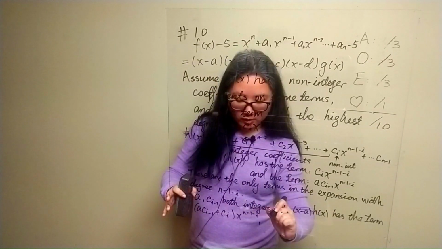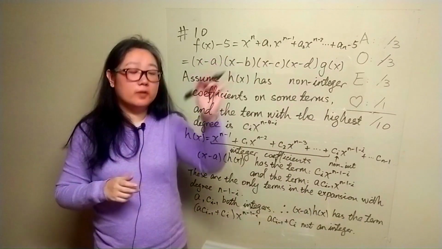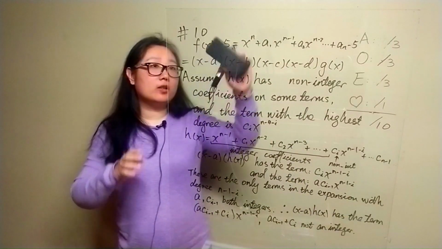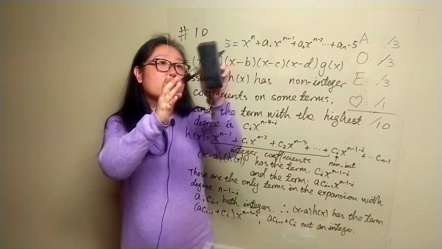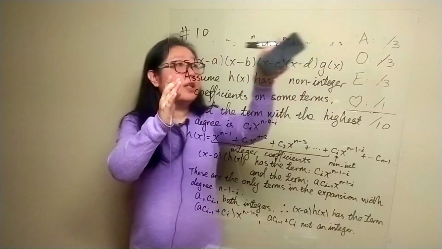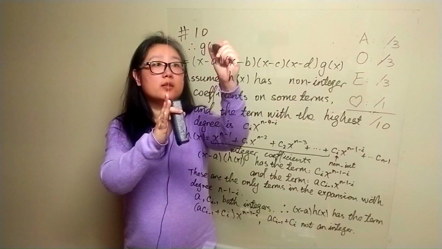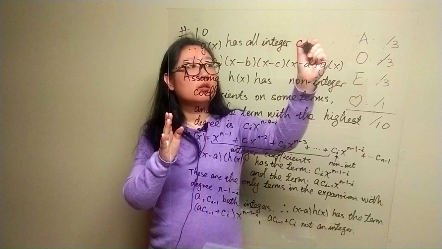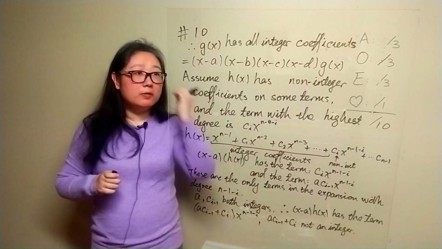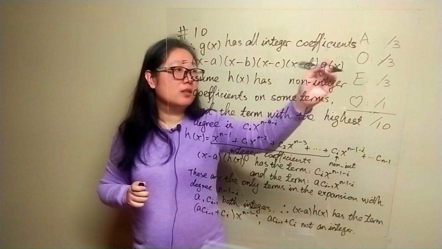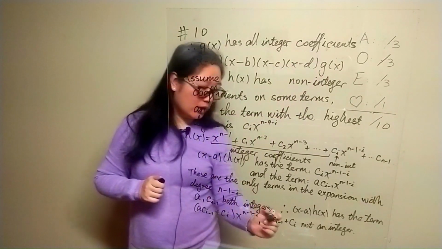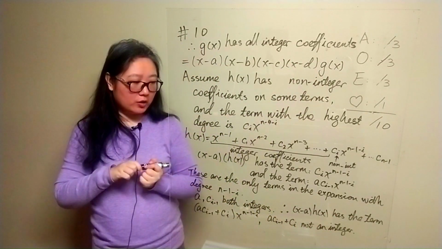And this is not an integer. All of this to say, whenever we divide out one of these factors, if we start out with an integer polynomial, we're going to end up with an integer coefficient polynomial. Therefore, g of x has all integer coefficients. Because if it doesn't, then when we multiply, we're going to end up with a non-integer coefficient.